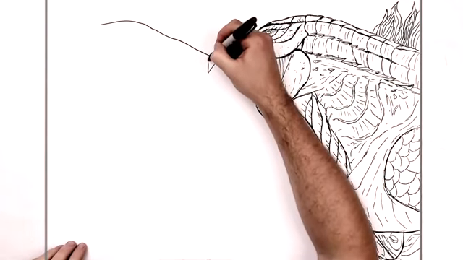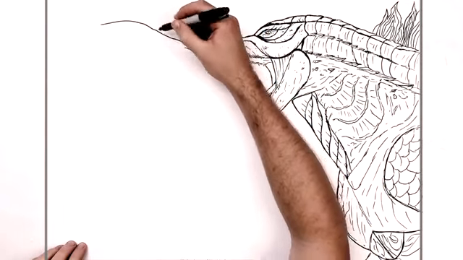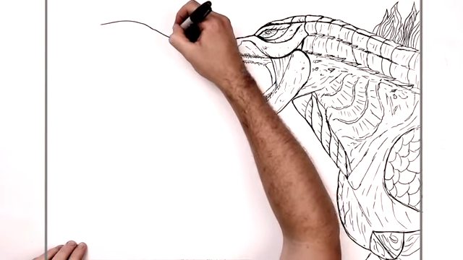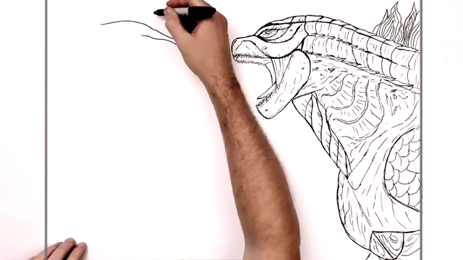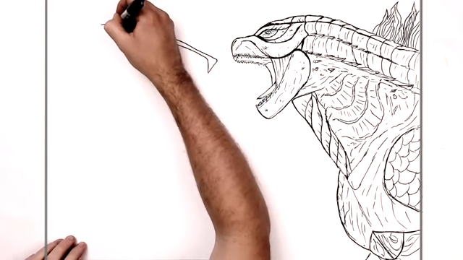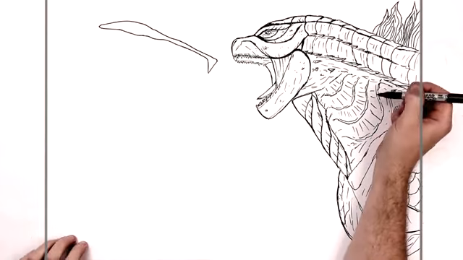And then we've got a wavy line that kind of comes back this way along his snout. Or is it a female? I think it's the female Muto. Like so, right?